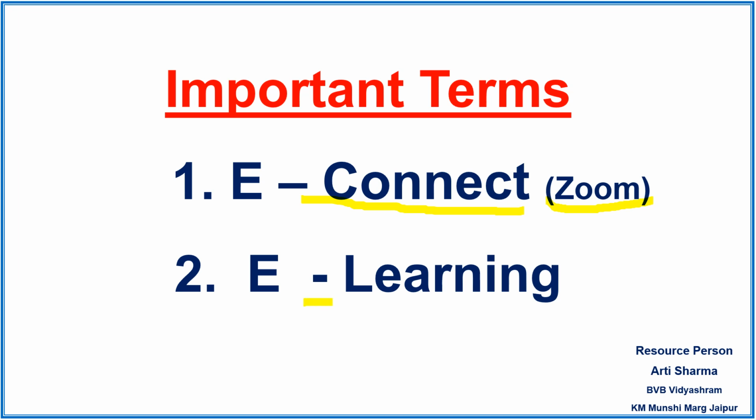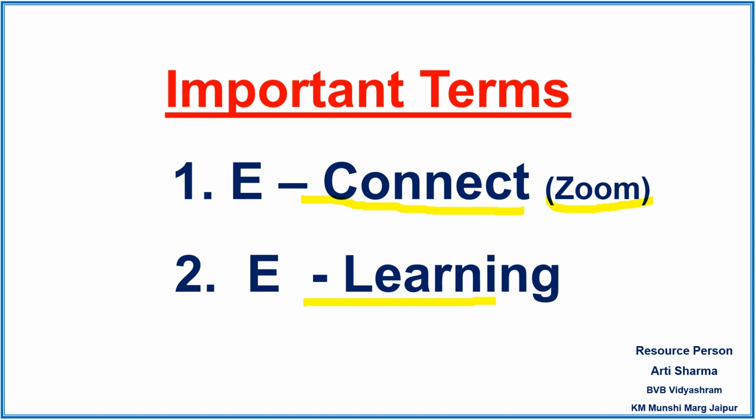And second is e-learning. You should understand that eConnect is through Zoom, where we connect with the students and give the live class. And e-learning is where we upload our contents and documents on the EduNext app so that they can be shared with the students.